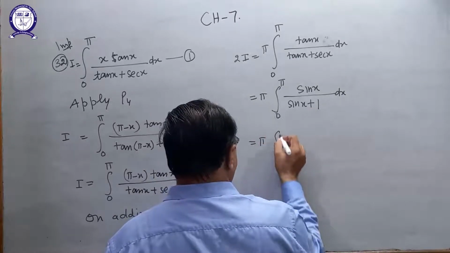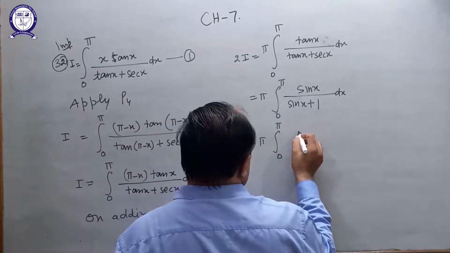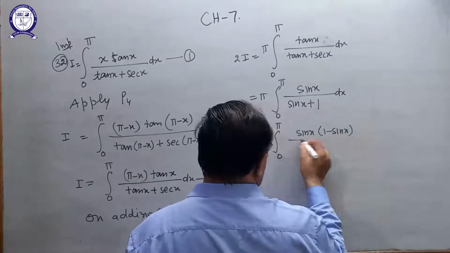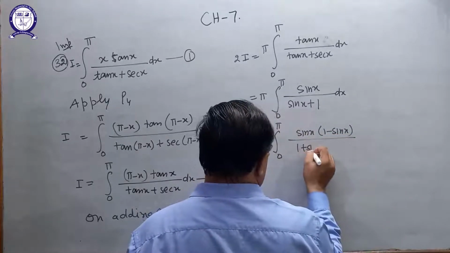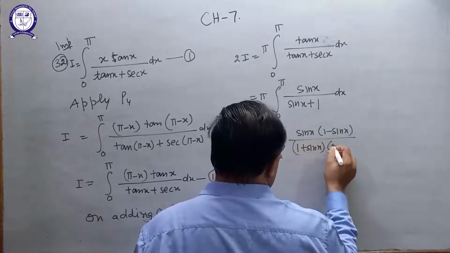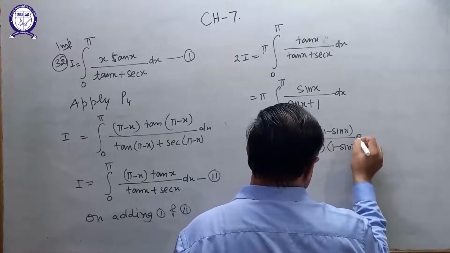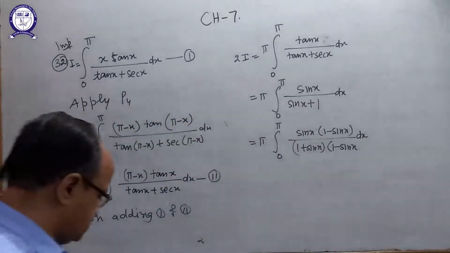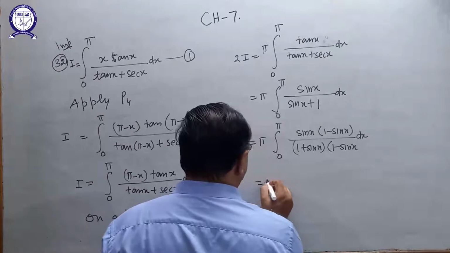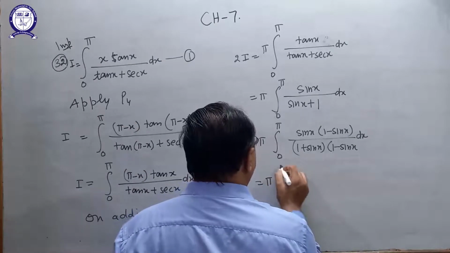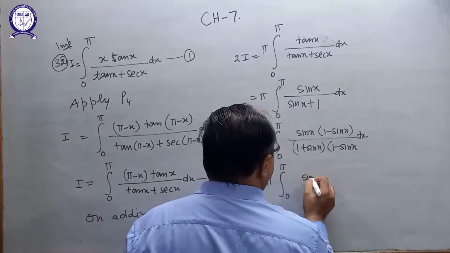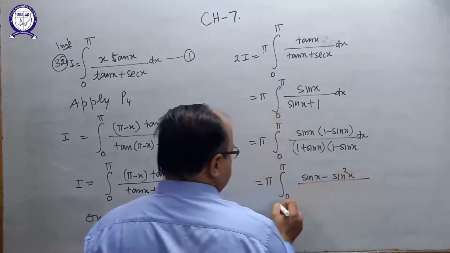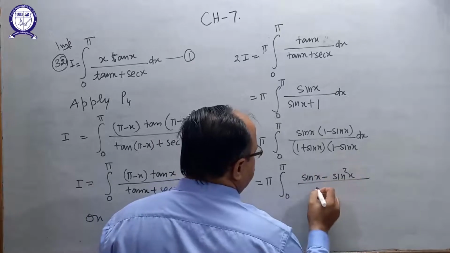Now integration 0 to pi, you can write sin x, multiplying and dividing by 1 minus sin x. You know that integration 0 to pi is sin x minus sin square x upon (1 plus sin x)(1 minus sin x), that is cos square x.